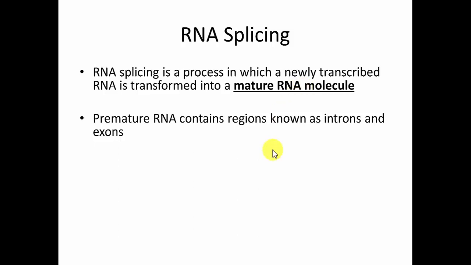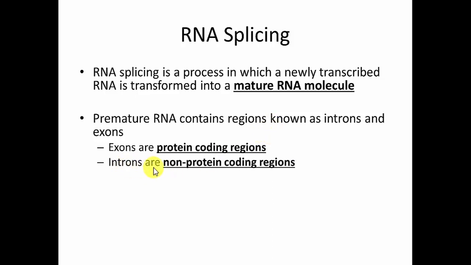This part gets a little confusing, but premature RNA essentially will contain extra regions that are not needed in the final protein sequence. These regions are referred to as introns. Introns are non-protein coding regions. Other regions in the RNA are called exons, and these are the protein coding regions.